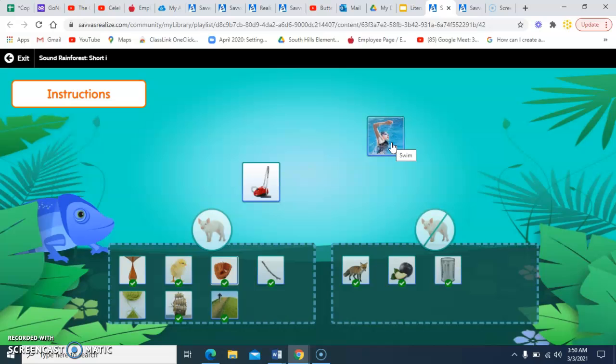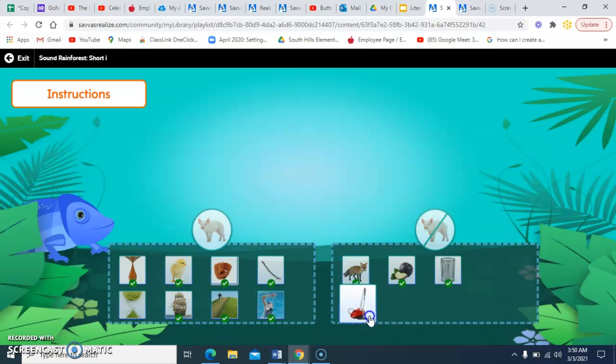Then we have swim, swim. This one, vacuum. So it doesn't have the short I sound.